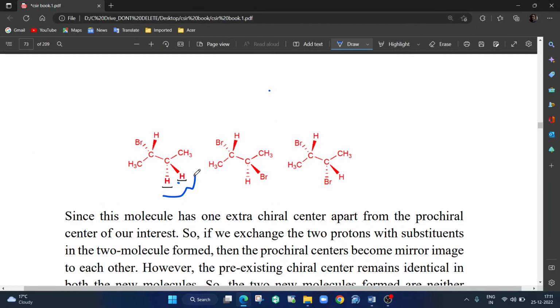So now we know diastereotopic means diastereomeric, and diastereomeric hydrogens show different NMR peaks. That means these two hydrogens will show different peaks in the proton NMR.